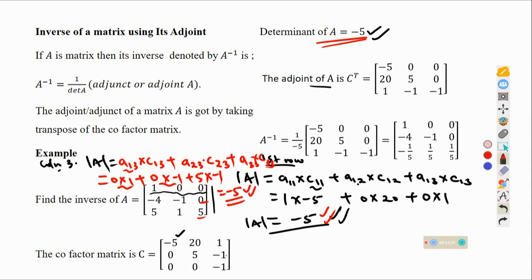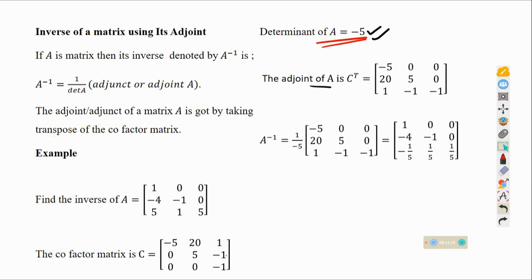Having got the determinant of A, we shall now get what we call the inverse of A, because we have the determinant and we have the adjoint. So let us use the relation to get the inverse of A. The relation is that A inverse is the same as 1 over the determinant of A, times the adjoint of A. The adjoint of A is the same as the transpose of the cofactor matrix.